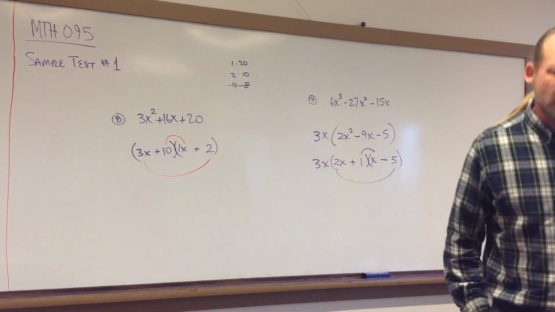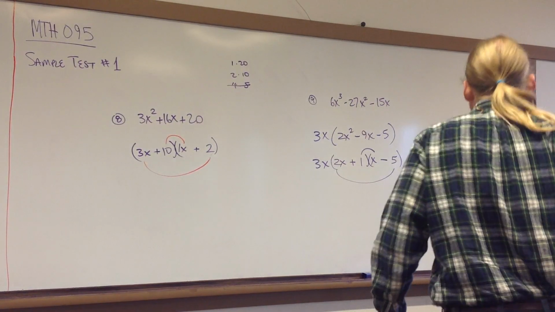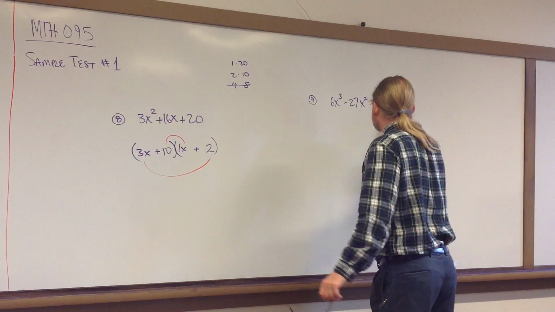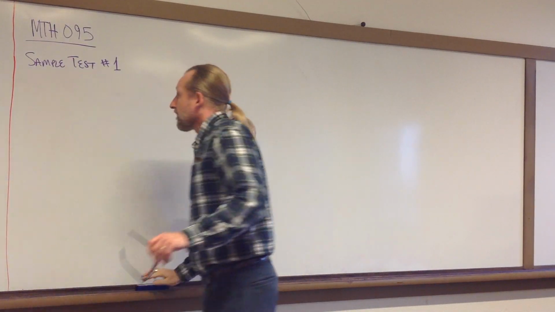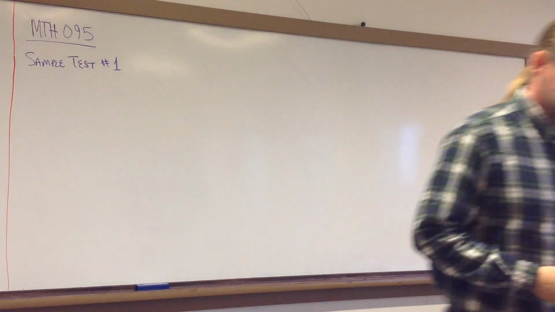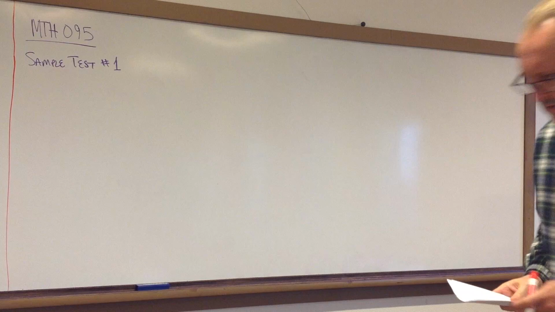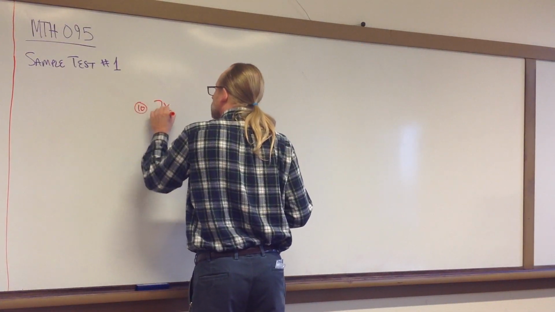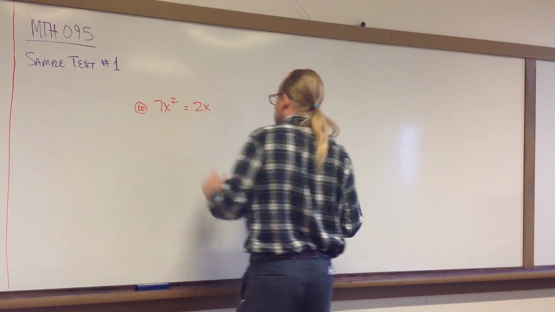Okay. Got a couple more problems here. Problem 10. 7x squared equals 2x.